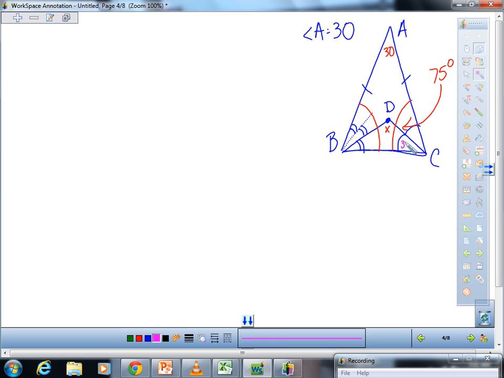So is that 37.5? Did I do that right? Well, this is a third of 75. So that makes that 25, right? So then I would say that x plus 25 plus 37.5 equals 180. And what do you end up getting?